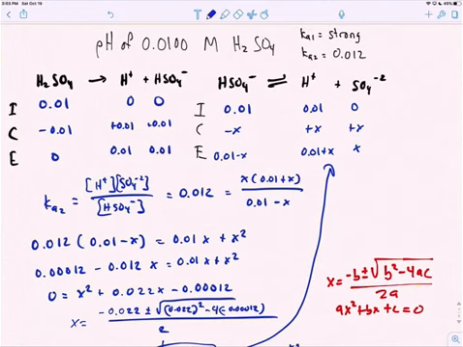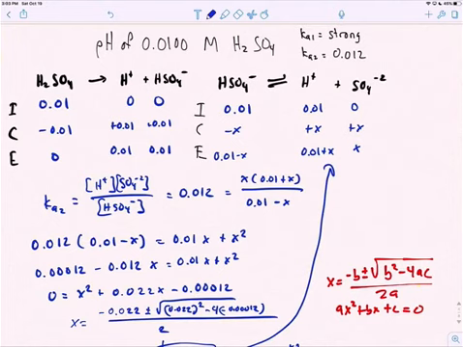And so sulfuric acid is a strong acid, at least the first hydrogen is, so it's a one-way street. It completely breaks apart, 100% ionizes into hydrogen ion and bisulfate. But then bisulfate is a weak acid, so it has an equilibrium and has a common ion with the strong acid solution that was there before it.